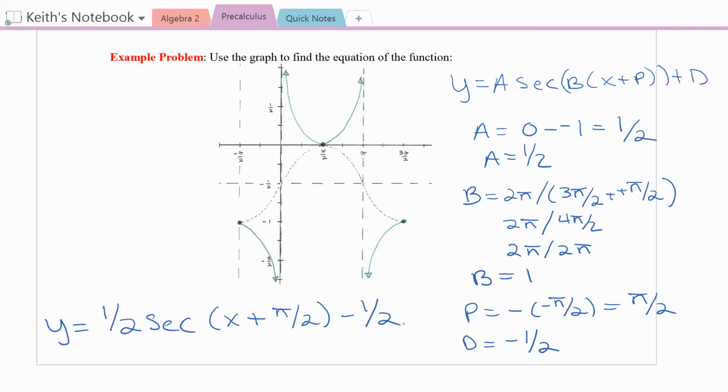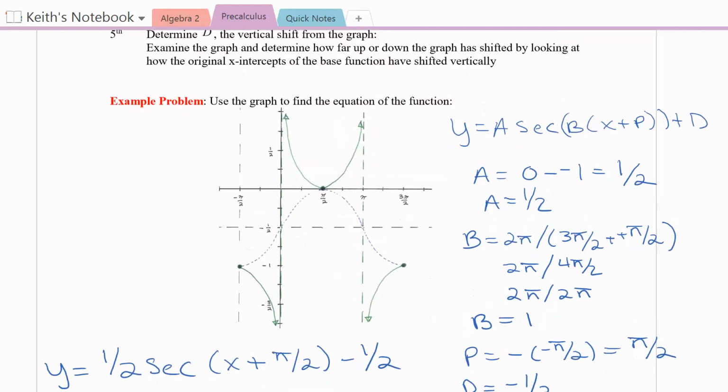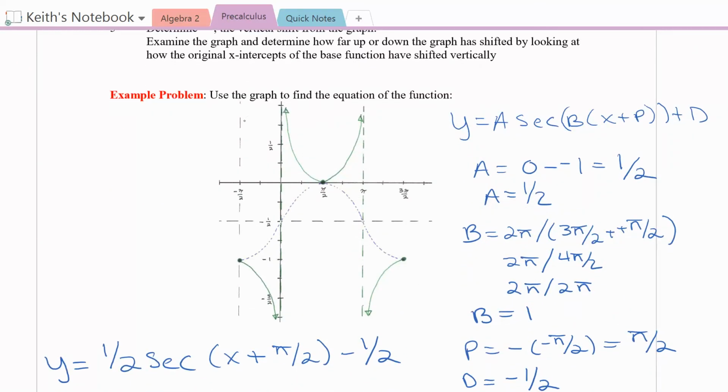Now the other thing we have to determine is, is there a reflection? Normally cosine or secant would go down then up. This is going up then down, so that means there was a reflection here, so we have to put a negative sign in front of the 1/2.